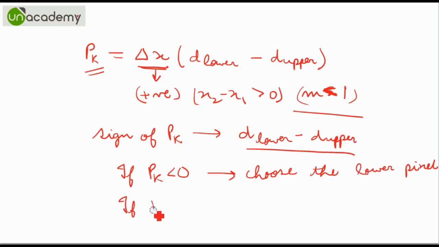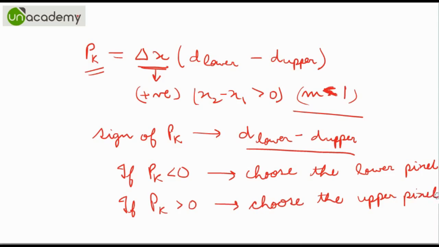If pk is greater than 0, then we choose the upper pixel. And this is what the Bresenham's line algorithm is.